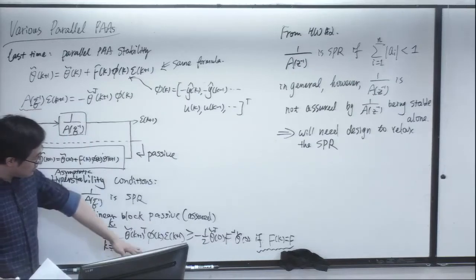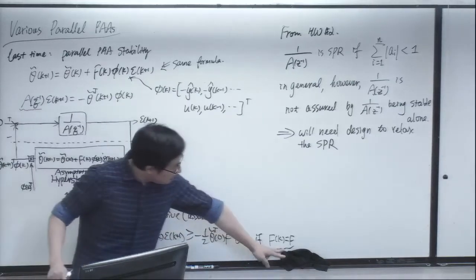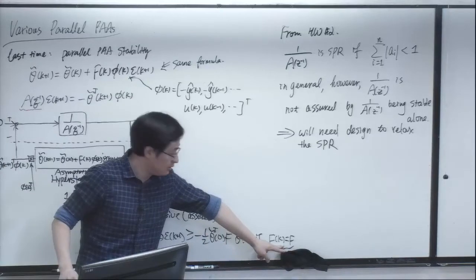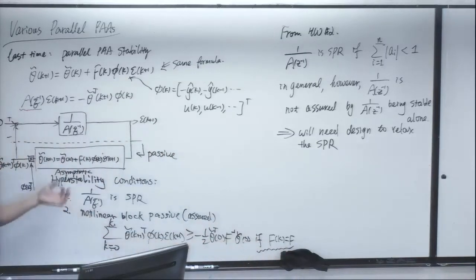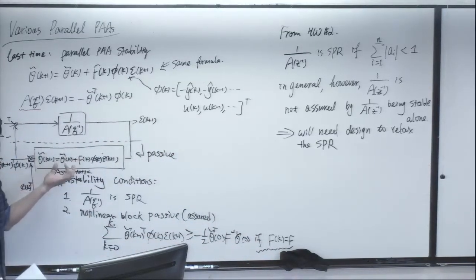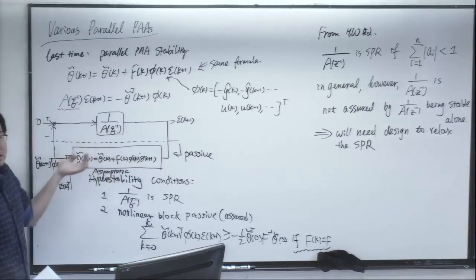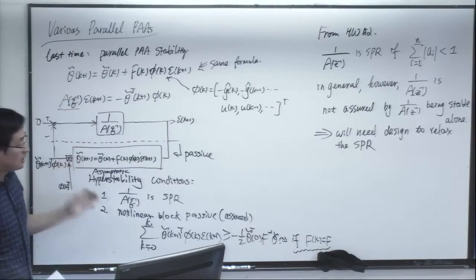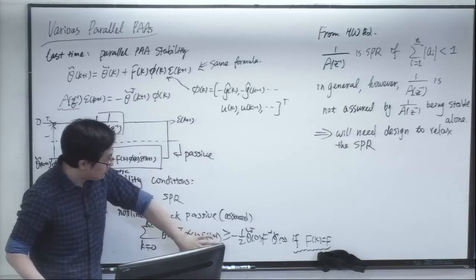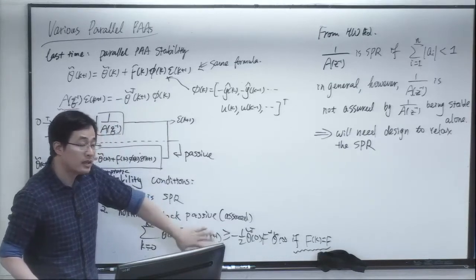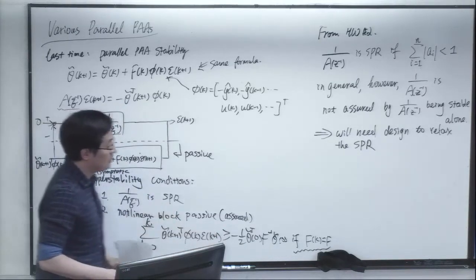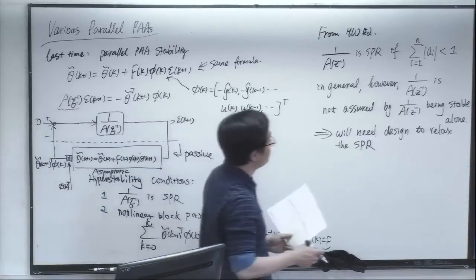We know that this is passive for constant adaptation gain. For time-varying adaptation gain, we have a remaining assignment to prove hyperstability in this case. That is doable too. That will be the second piece of assignments for us, if not today, by next week.